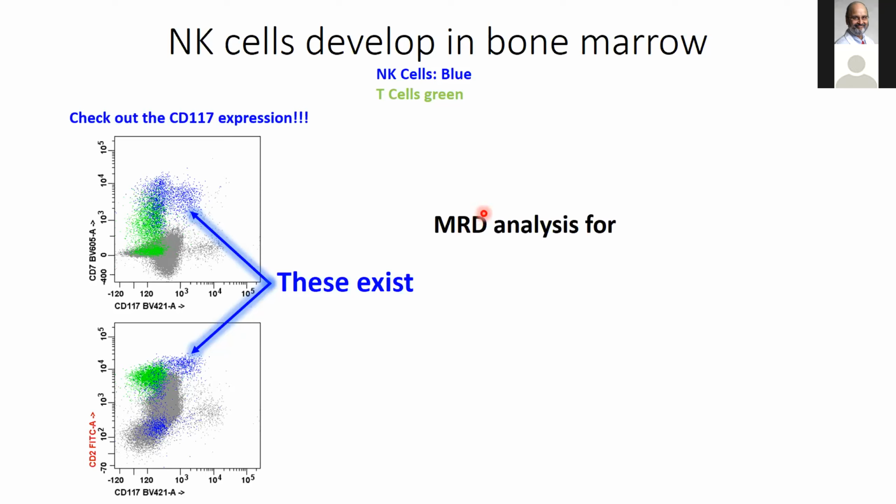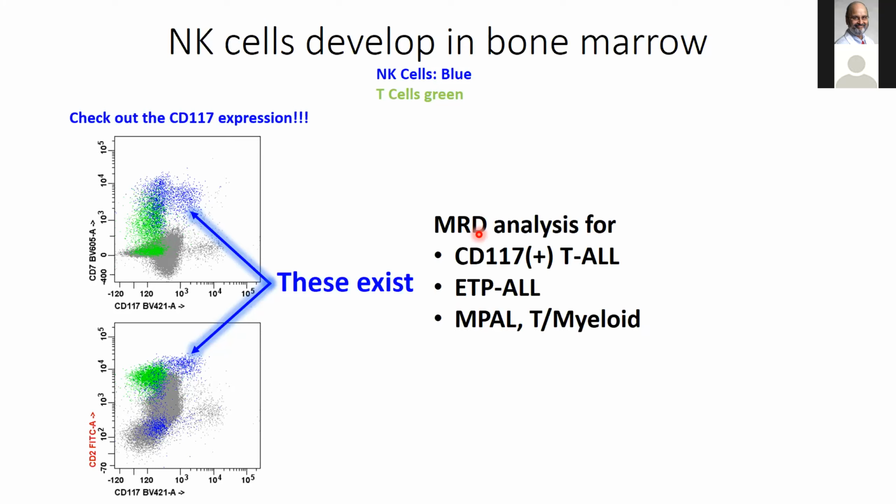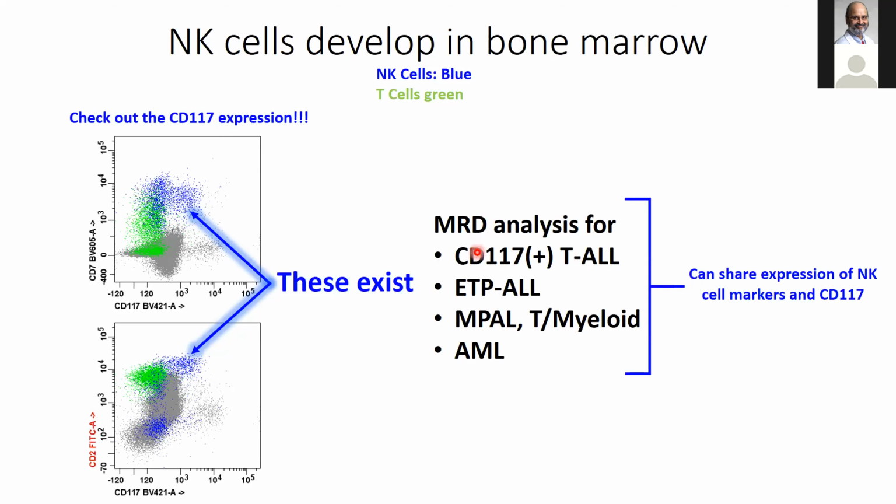So why is that important? Again, during MRD analysis for CD117 positive T lymphoblastic leukemia lymphoma, for early T cell precursor acute lymphoblastic leukemia, for mixed phenotype acute leukemia T myeloid, and even just AML itself, all of these diseases can share expression of NK cell markers and CD117.